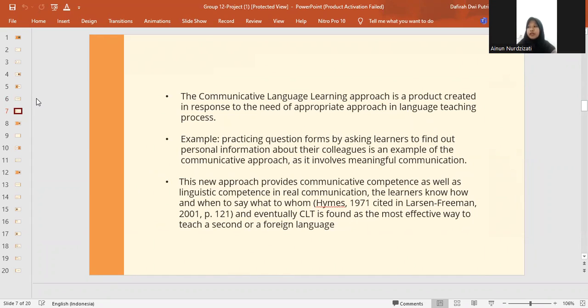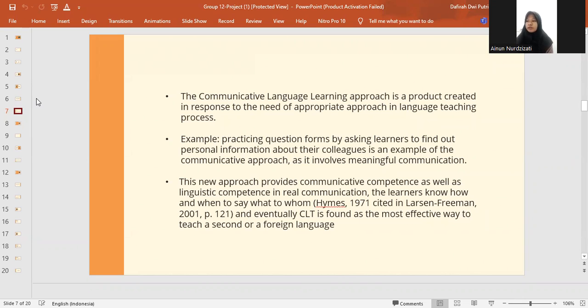The communicative language learning approach is a product created in response to the need for an appropriate approach in language teaching. For example, practicing question forms by asking learners to find out personal information about their colleagues is an example of the communicative approach, as it involves meaningful communication.